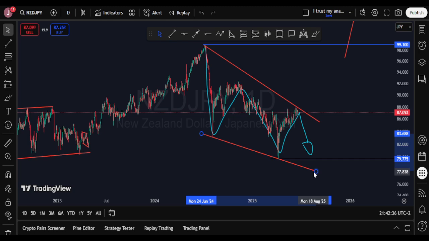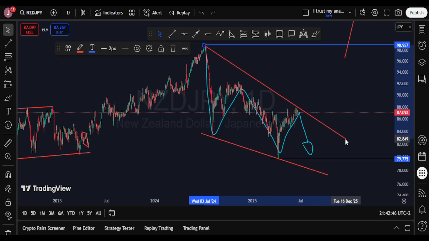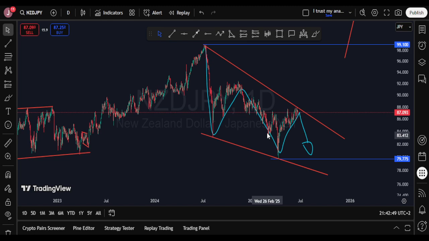Looks like a wedge might be playing out here. So that is why I said there are two possibilities when I look at NZDJPY.